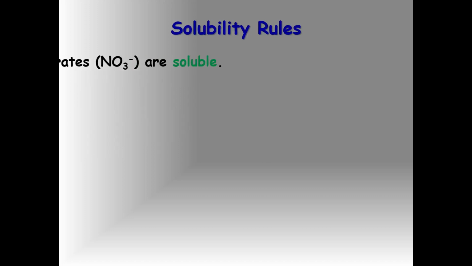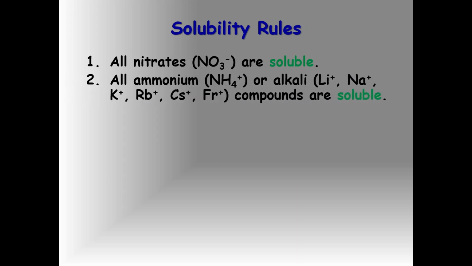All nitrates are soluble. If it has a nitrate in it, it will dissolve in water. All ammonium ions, or alkali metals, are soluble. So if it has an ammonium or an alkali metal, it will dissolve in water.